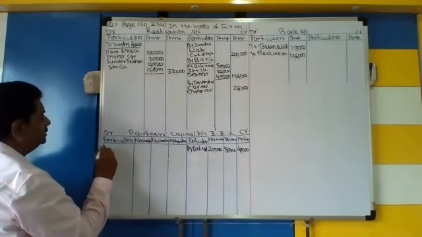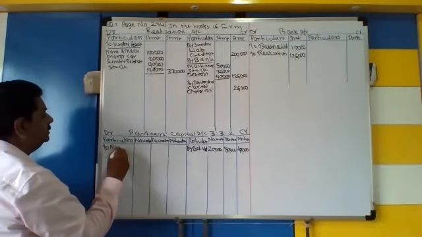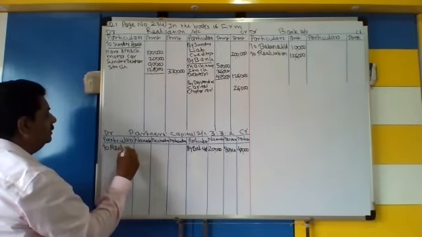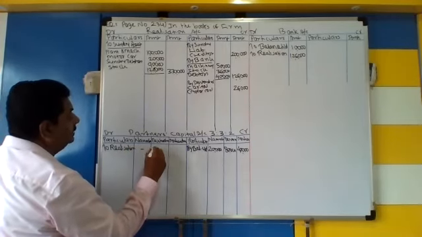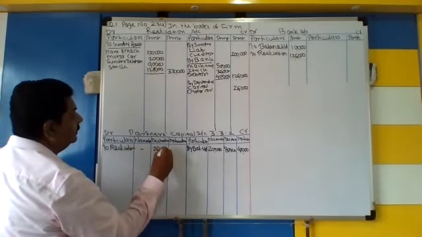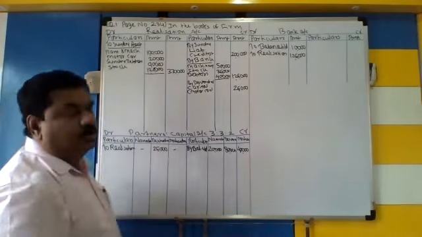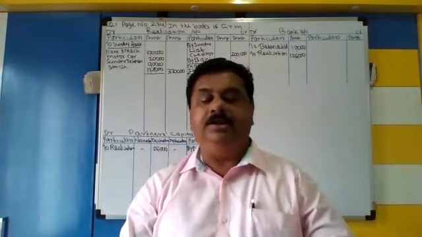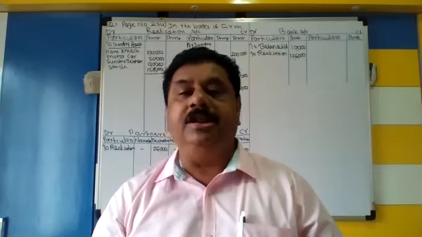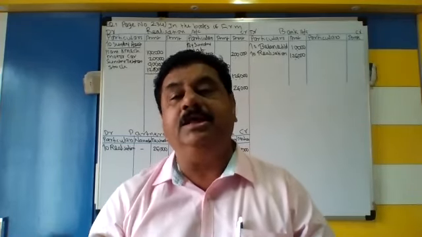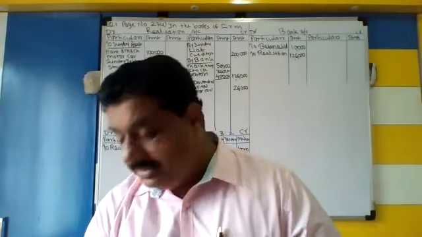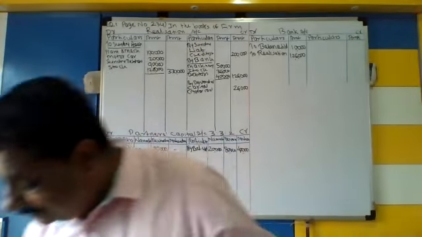To realization, in the column of Devendra only. So when asset is taken over by partner, partner's capital account is debited and realization account is credited. Remember this, please. Okay, now the next.